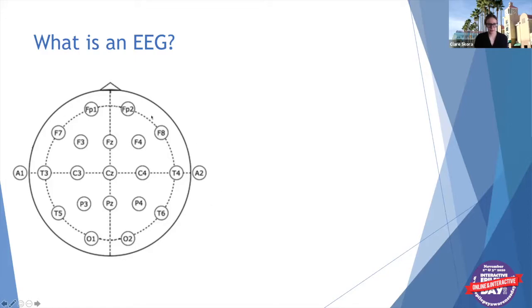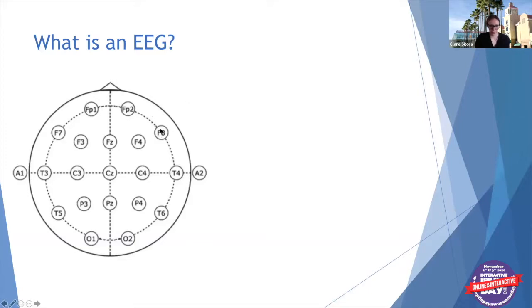So this is an example of a child's head. This is the nose looking forward. And these are where the electrodes are stuck on the scalp with a little bit of sticky tape or glue. And so if you orient yourself where this child is, this side is the left and this side is the right. And it's easy to remember that any number that's odd signifies it's coming from the left side, and the even numbers signify the right.